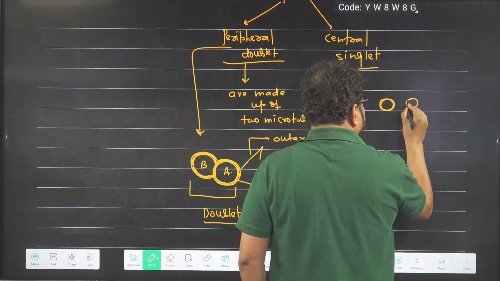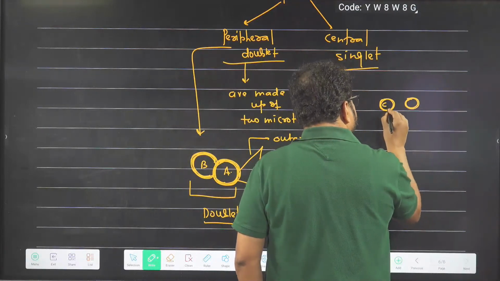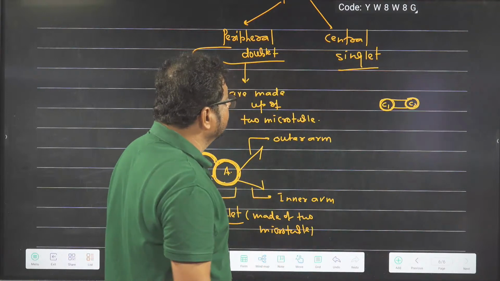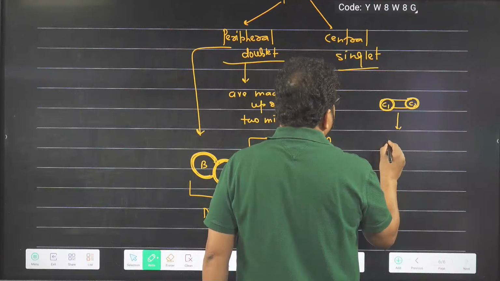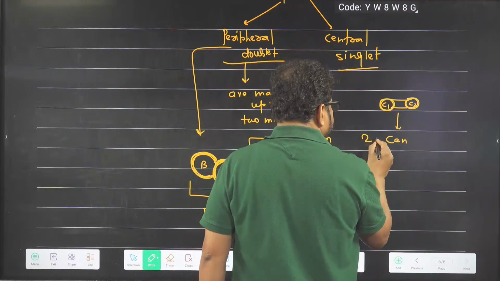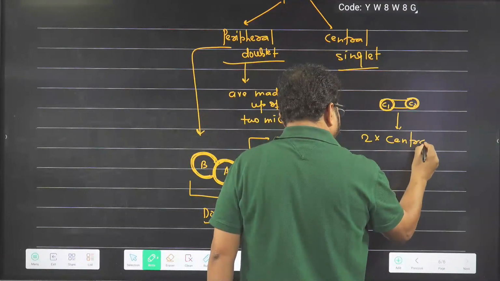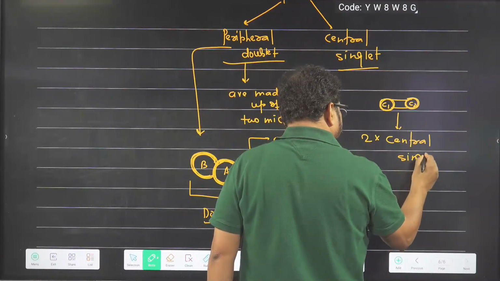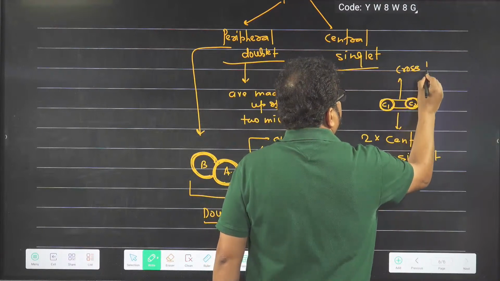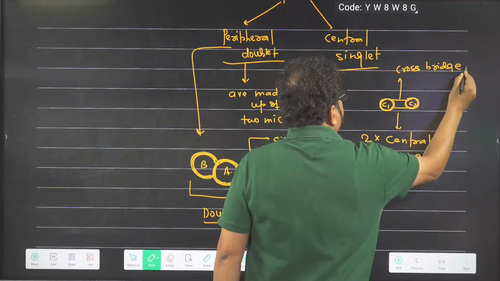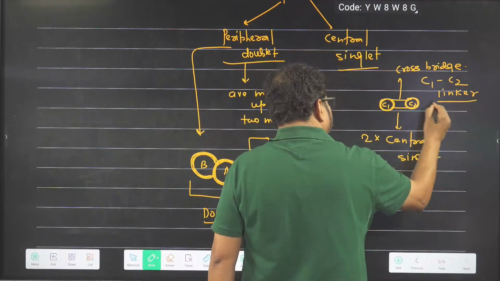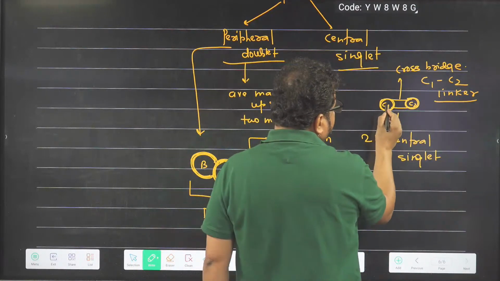They are called C1 and C2, and C1 and C2 attach with the help of a cross bridge. So this is the central singlet, two central singlets. And this is the cross bridge, also called the C1 C2 linker. So this is the central singlet.